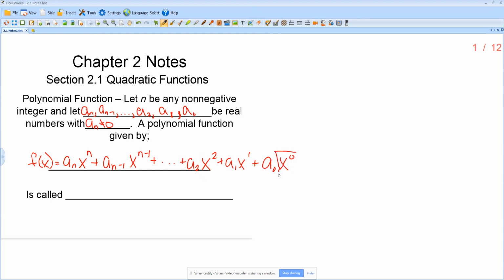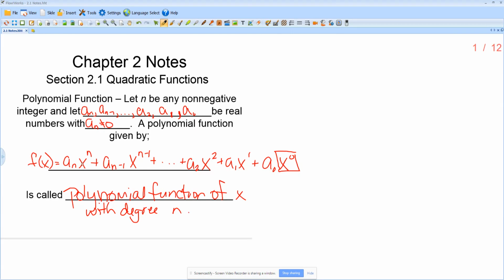And keep in mind that anything to the 0 power is really just 1. So this is actually just a number that doesn't have an x. This is called a polynomial function of x, since x is the variable here. So a polynomial function of x with degree n.